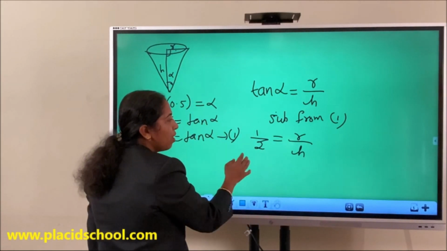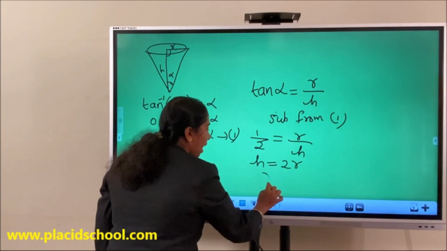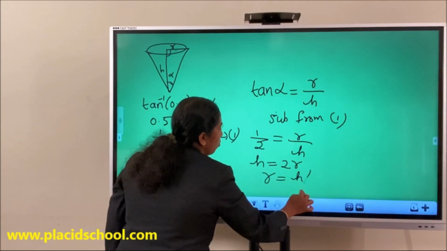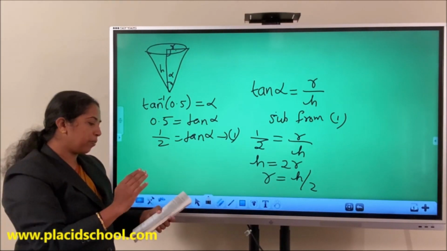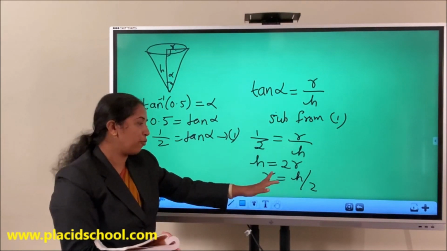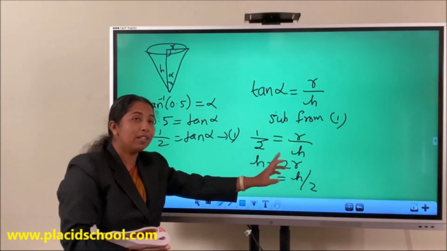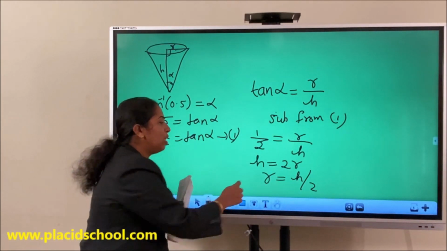From where you have a relationship connecting h is equal to 2r, or I have radius is h by 2, because we have to find rate of change of height when the height is 4 meter. Since we have to find rate of change of height, I have changed it like radius is equal to height by 2. Keep it there, we need it.